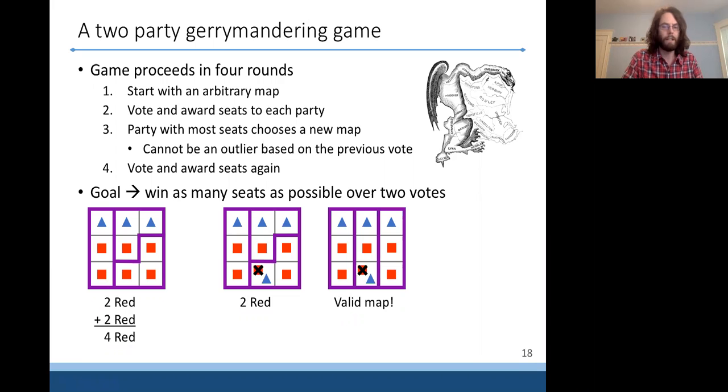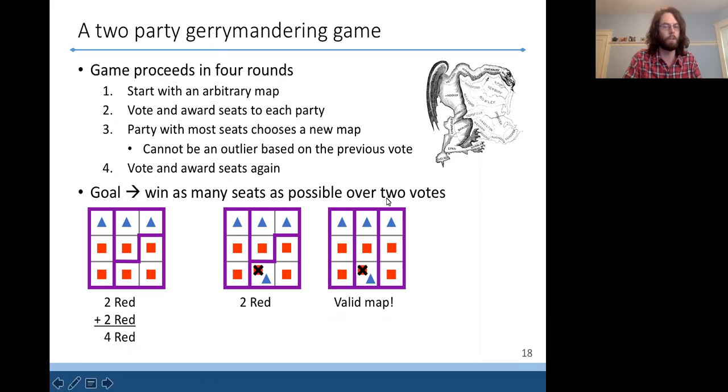It looks like this center column here will elect 1 blue representative, and these 2 side columns will each elect a red representative. Now we have to be a little careful here because we have to show that electing 2 red representatives is still not an outlier in this new configuration, right?